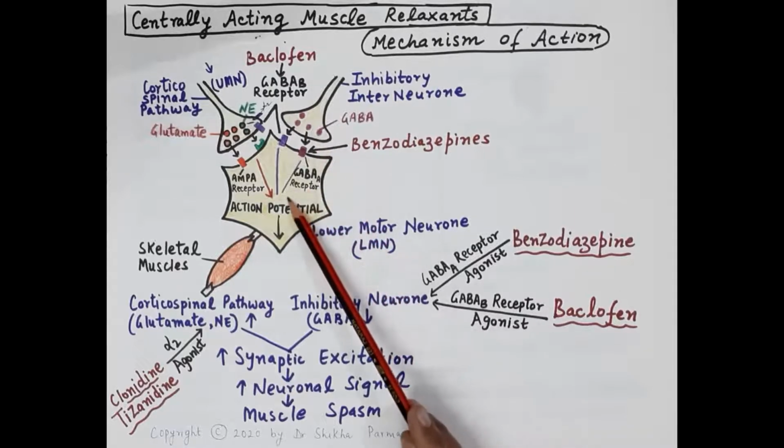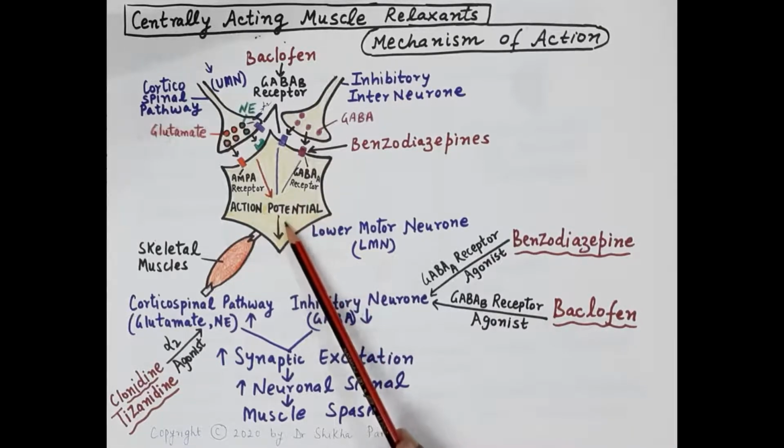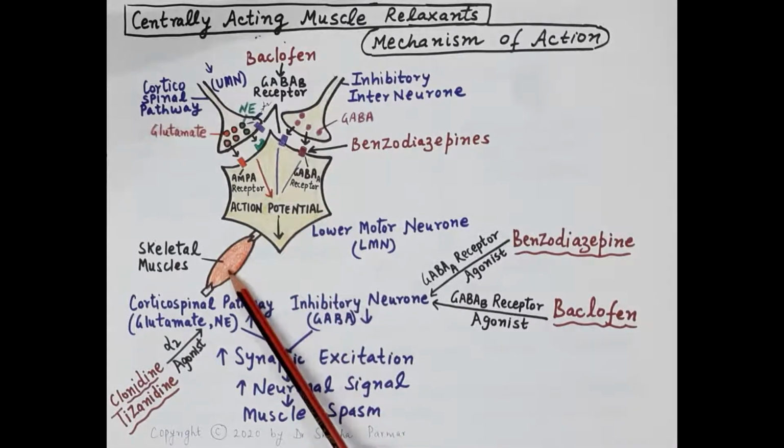Increased influx of chloride ions results in the generation of a negative membrane potential. It causes hyperpolarization, it causes generation of an inhibitory postsynaptic potential, and this causes inhibition of this lower motor neuron, which results in the relaxation of the skeletal muscles.